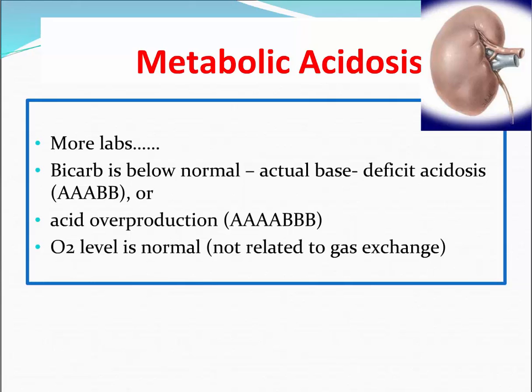Or it could be caused by an overproduction of some acids, and that's why there are excessive A's compared to the B's. In general, the O2 level is normal with metabolic acidosis because it's not related to gaseous change, it's related to something metabolic.